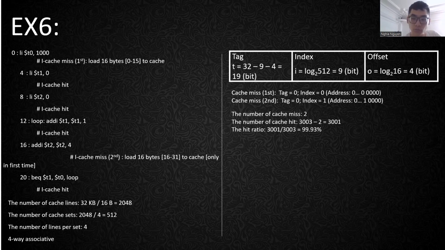Access 2: tag 0, index 1. The number of cache misses is 2, and the number of cache hits is 3 million.